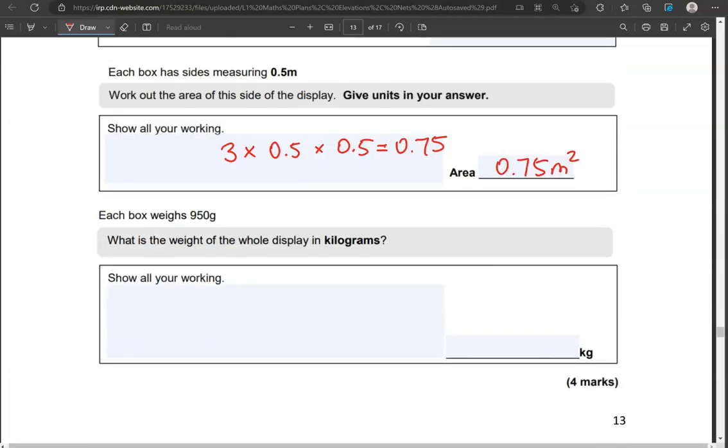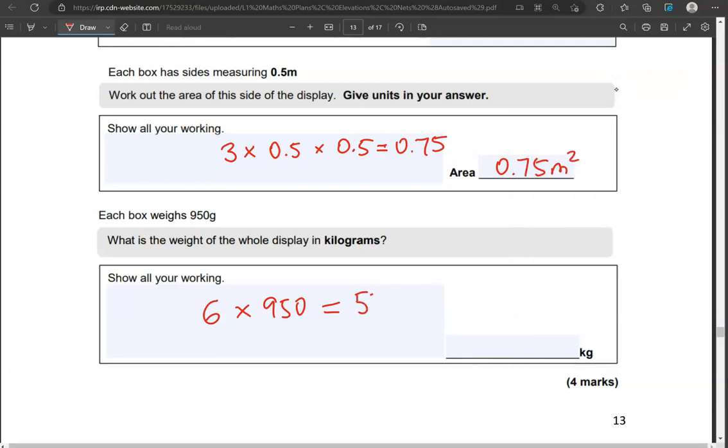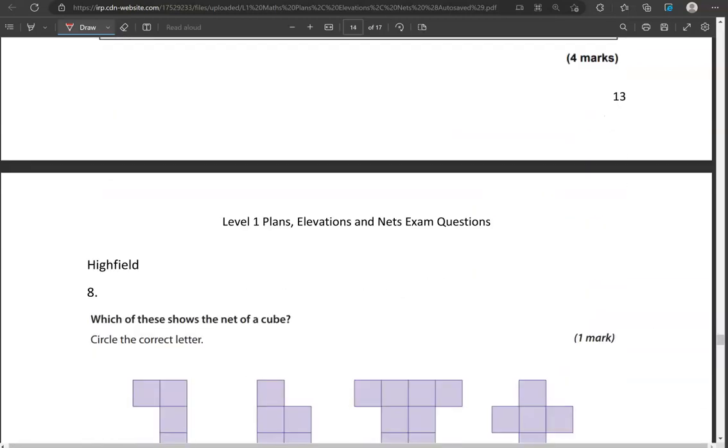So that is 6 of them times 950 grams, which gives us 5,700 grams. We need to give our answer in kilograms. We know that in 1 kilogram there are 1,000 grams, so this is 5.7 kilograms, just like dividing 5,700 by 1,000.